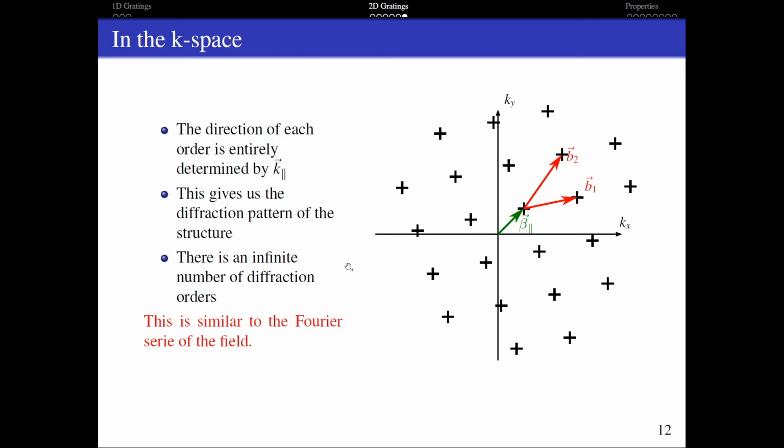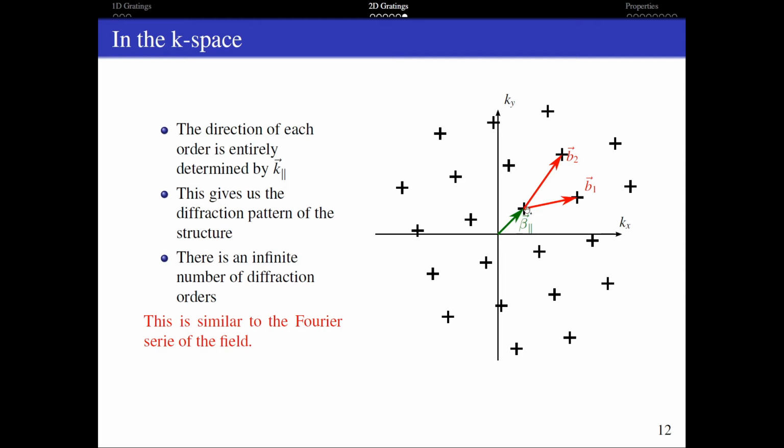Also, when you look at this in the 2D plane in the K space, so this is a space that is defined along Kx and Ky, you can now see that the diffraction orders are going to be points inside this space.